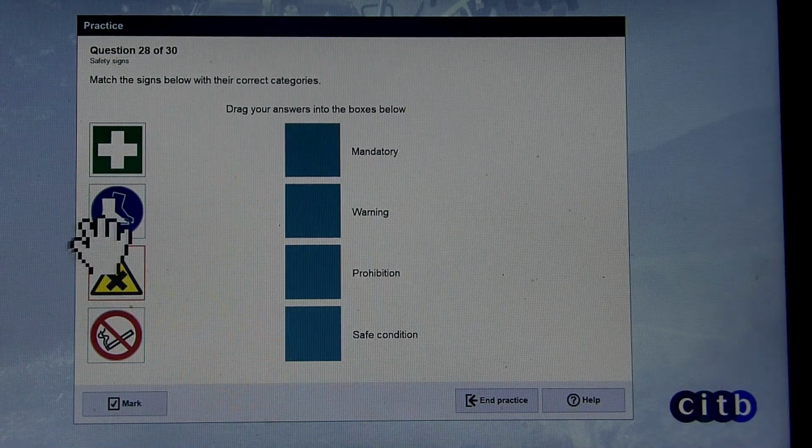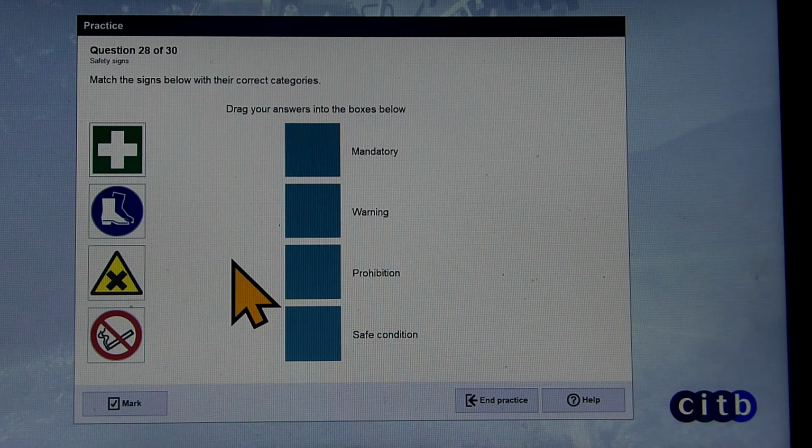Question 28. Let me give you time to give the answer. Match the signs below with their correct categories. Drag your answers into the boxes below. Which one is mandatory? Which one is warning? Which one is prohibition? And then safe condition.